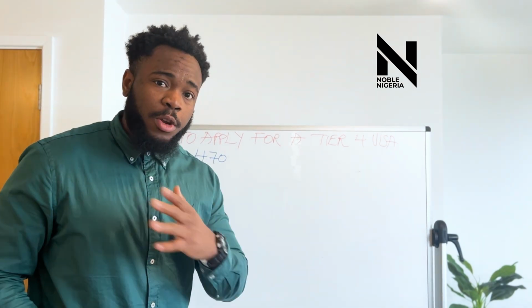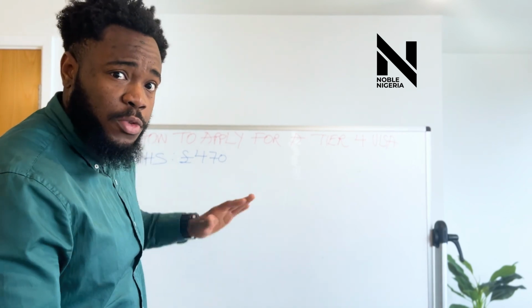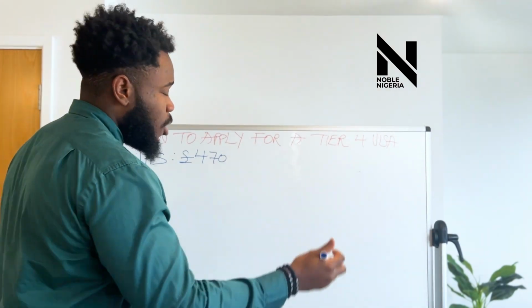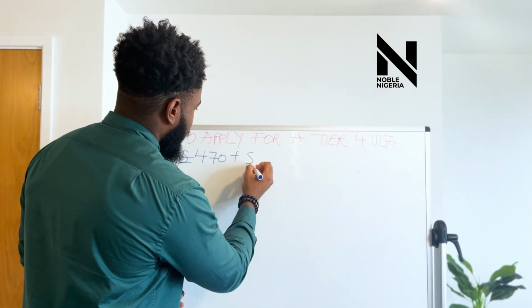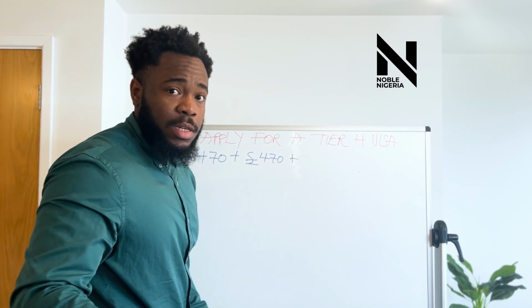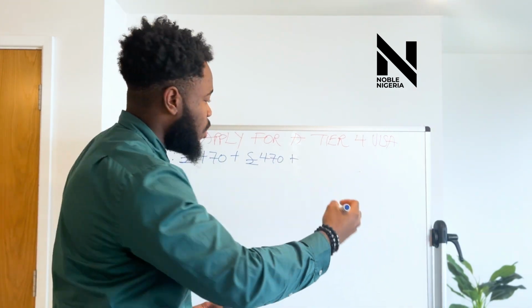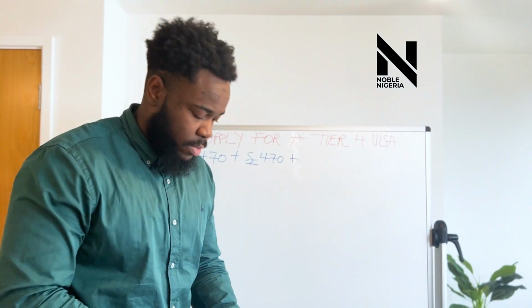If you're coming by yourself, you only need to worry about £470 just for yourself. If you're coming with your partner, your wife, another £470. If you're coming with a child, it keeps on going. For each dependent, you're gonna be paying this figure.